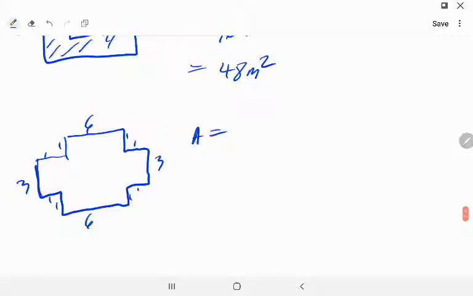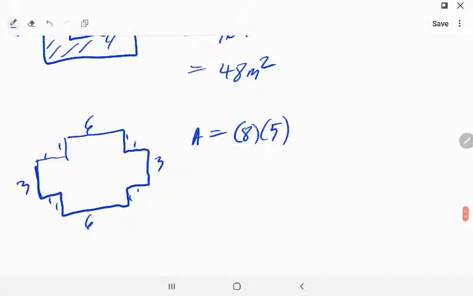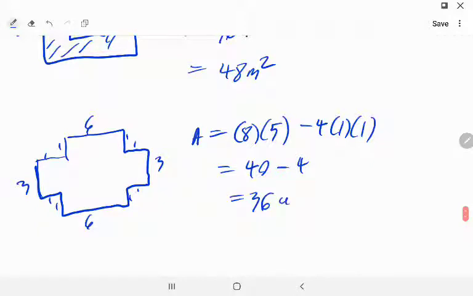We could think of it as being 8 units times 5 units, the area of the rectangle if we didn't have those corners cut out, minus those 4 shapes that are 1 unit by 1 unit. And so you end up getting 40 minus 4 is 36 square units.